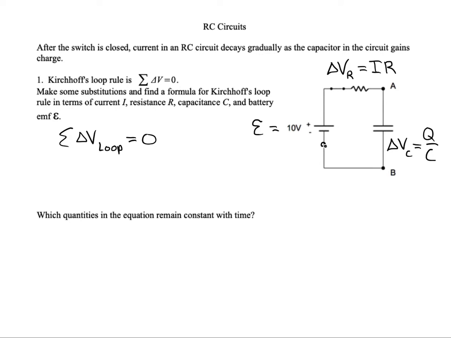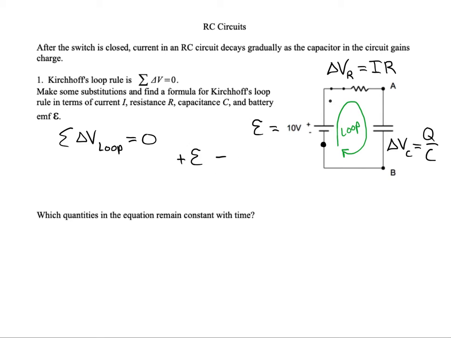So let's start here and create a complete loop. We'll add up all the potential changes as we go through the circuit, taking into account the signs as well. First, we go through the battery, so we'll add the EMF of the battery. Next, we'll go through the resistor in our loop, so we want to subtract.